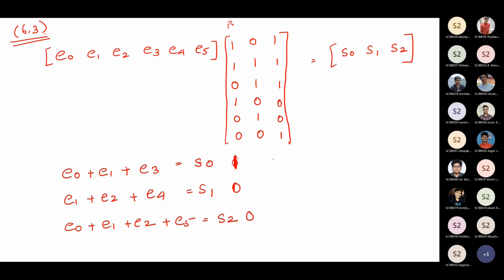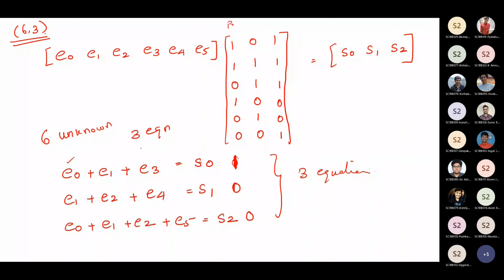So how many equations do you have? You have 3 equations. How many unknowns? I want to find out E0, E1, E2, E3, E4, E5, so 6 unknowns. You will have 3 equations. Can we have a unique solution for this? No, ma'am, we cannot have a unique solution.